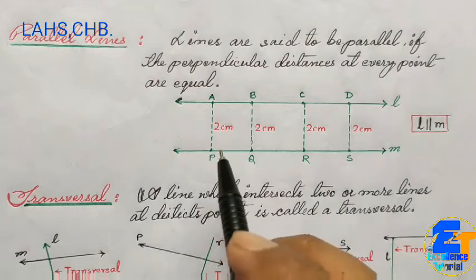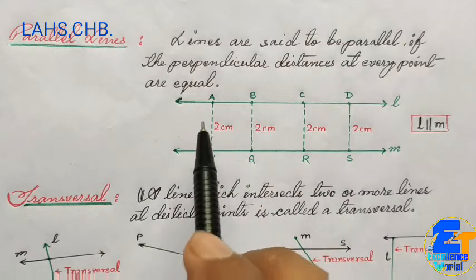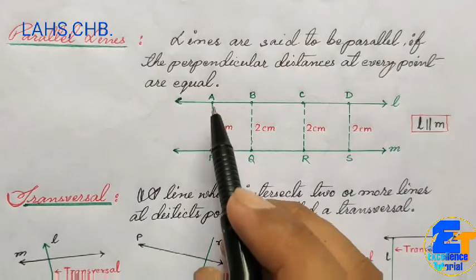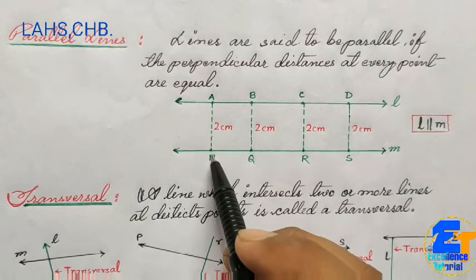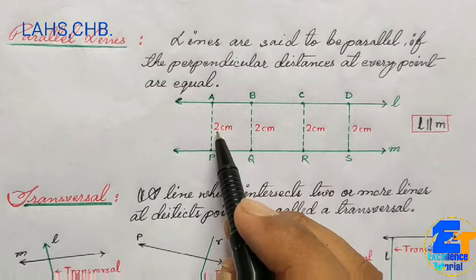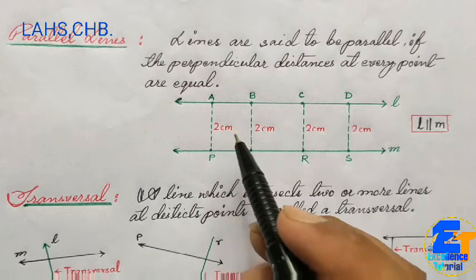So see, on comparing the distance between lines L and M, suppose the distance between point A and P on measuring we got 2 centimeters.